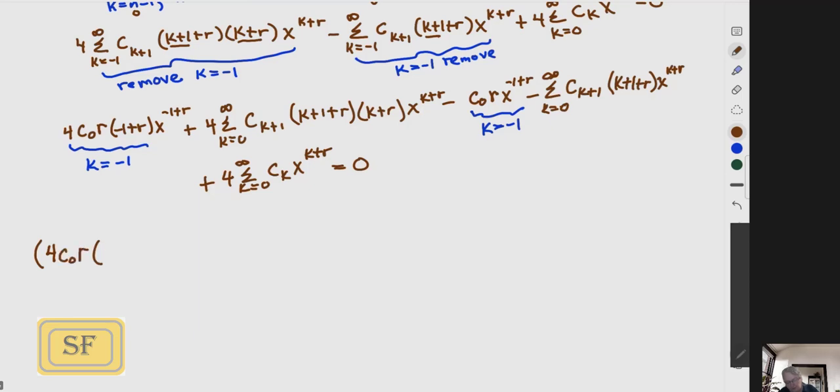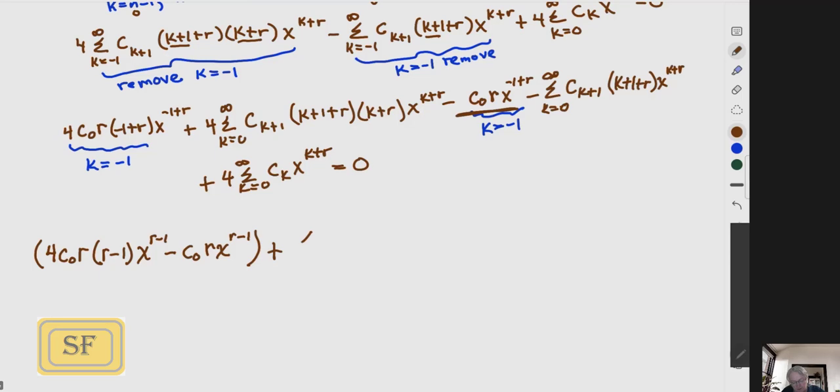I'm going to write that negative 1 plus r as r minus 1, x to the r minus 1. And then my second term that I pull out, minus C0R x to the r minus 1.